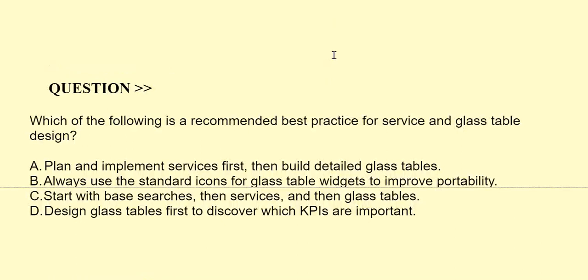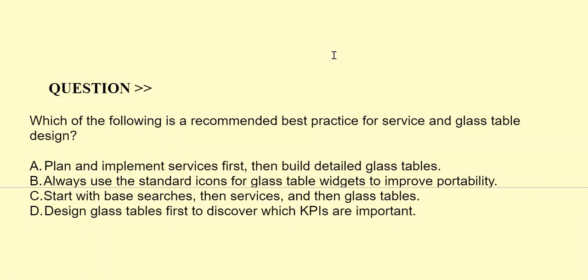Our next question is, which of the following is recommended best practice for service and glass table design? Option A, plan and implement services first, then build detailed glass tables. Option B, always use standard icons for glass table widgets to improve portability.